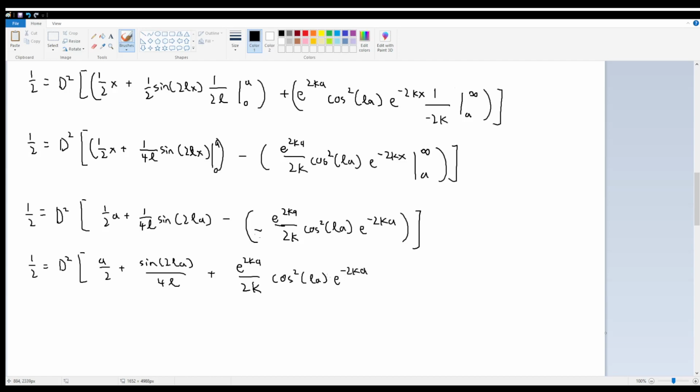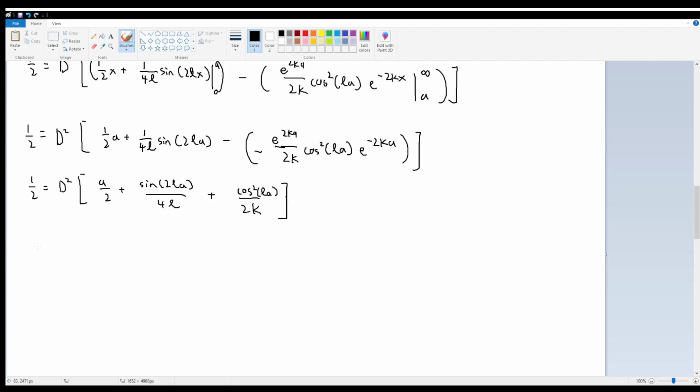So the e to the 2ka and e to the negative 2ka cancel out to 1, so those automatically go away, and then we can move the cosine squared to the top of the fraction. So this leaves us with cosine squared la. From this point, we can multiply the 2 over, then 1 is equal to d squared of a plus sine 2la over 2l plus cosine squared la over k.